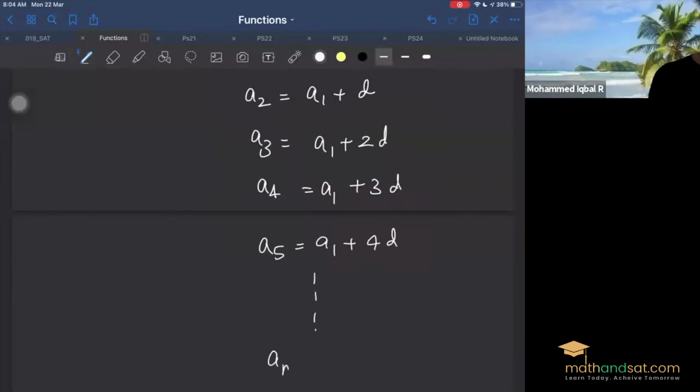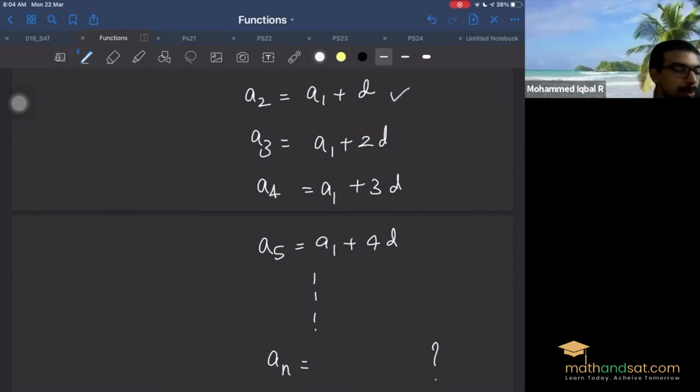Following this pattern, can you tell me what is AN? In terms of A1 and D, what will be that relationship?